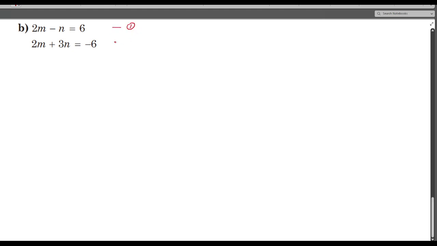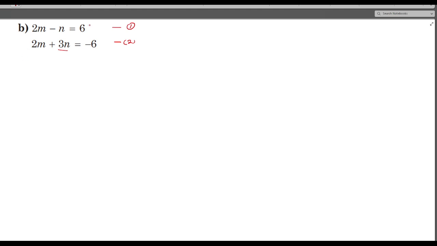See, this is your first equation, this is your second equation. Now in this first equation, if I multiply both the sides by 3, my n will become 3n. So in the second equation the coefficient of n is 3, and I am trying to make the coefficient of n 3 in the first equation.